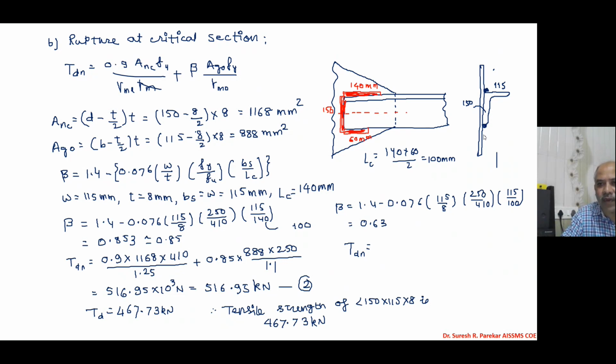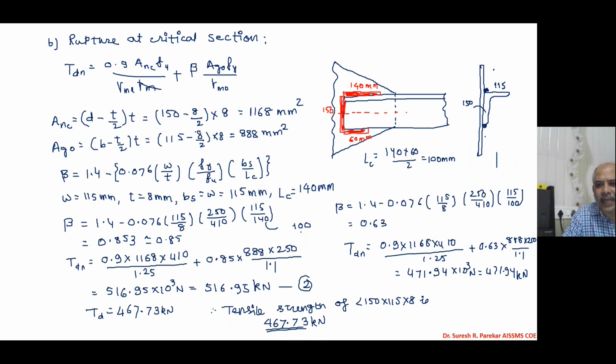Now if I write the values over here so you will not be confused: 0.9 into 1168 into 410 upon 1.25 plus 0.63 into 888 into 250 upon 1.1, and this comes 471.94 into 10 raised to 3 Newton, which is 471.94 kilonewton. So again, our tensile strength will be this.